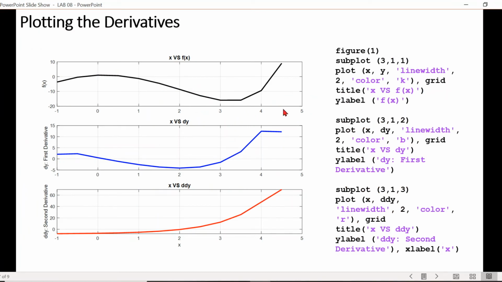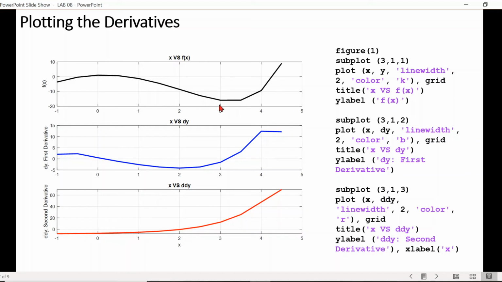After we are done with evaluating first and second derivatives at those 12 data points that have second order accuracy, we can plot them sequentially in MATLAB by using the subplot command. Here, first plot shows the function with respect to the data points. The second plot is for the first derivative, and the third one is for second derivative at the corresponding data points.